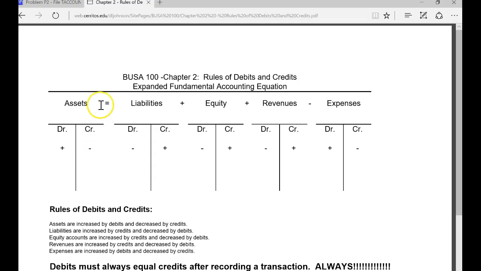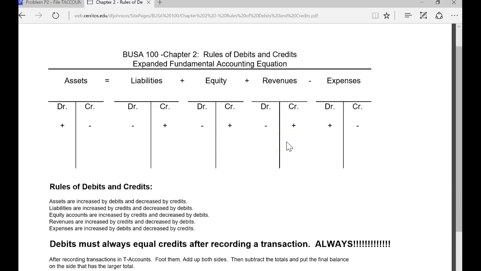And everything else on the right-hand side of the equal sign is the opposite, minus plus, minus plus, minus plus, except for expenses because of the fact that this minus sign can cause it to look like the assets, which really means you could put it over on the other side of the equation. So once again, however your accounting teacher helped you remember it, think back to that, because this problem, unlike the first one, will use debits and credits.